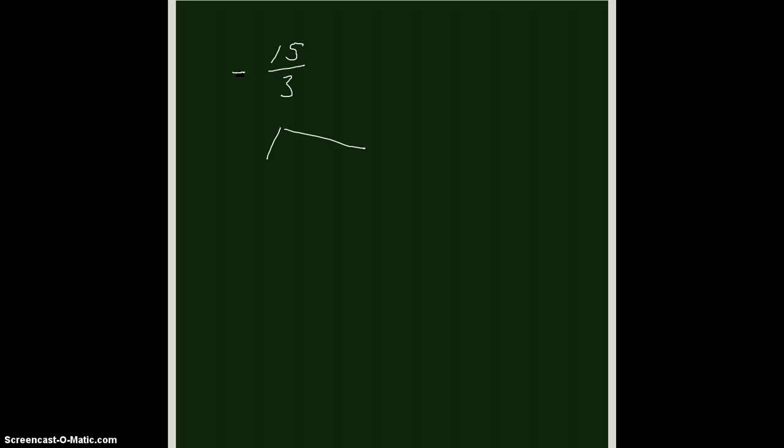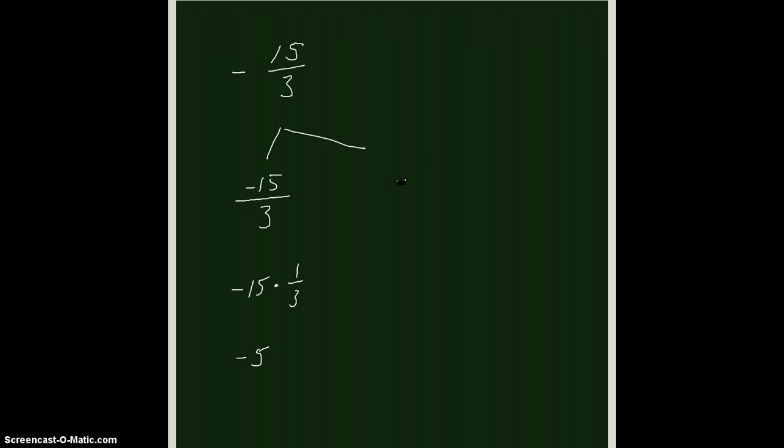I can take this minus, change the positive 15 to a minus 15, change the sign in front of the division bar to plus, and leave 3 as a plus 3. Now I have two different signs, and so clearly from what we just said, this is minus 15 times 1/3, so I'm multiplying by a positive and a negative, or dividing by a negative and a positive, so I'm going to get a negative answer.